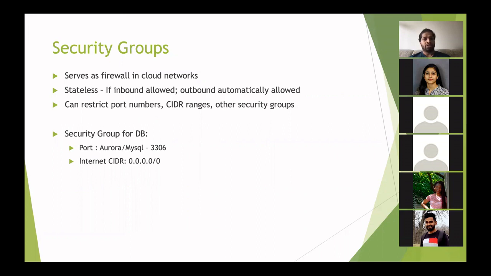So if inbound is allowed, you cannot restrict outbound. That means if you open up a port for inbound traffic, you cannot control that port for outbound traffic. And the other way, you can restrict port numbers, CIDR ranges, and other security groups that can access your network. Those are the features of a security group.